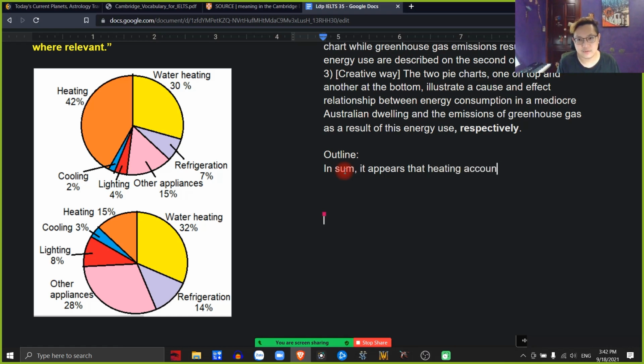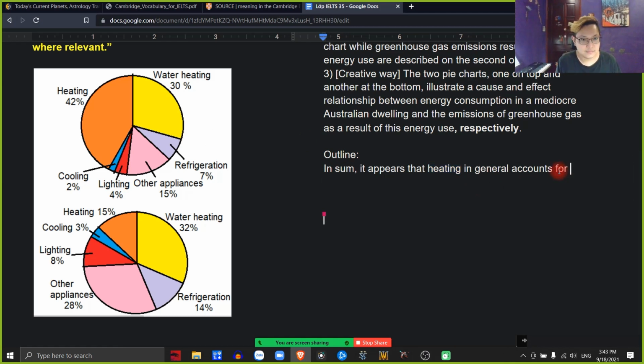heating accounts for heating in general. I mean heating in general, which means it includes water heating and heating. Heating nói chung, nếu mà mình chỉ viết heating không, người ta hiểu lộn là cái heating này thôi thì sao? If we just mention heating, people can understand, okay, is that just this heating? But heating in general means everything included, water heating as well.